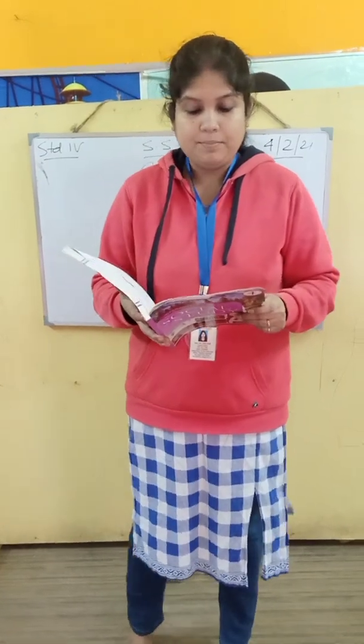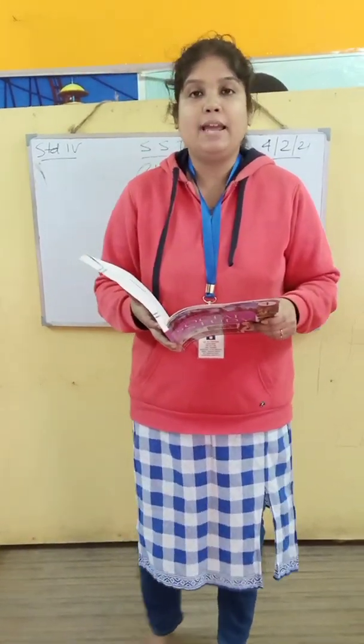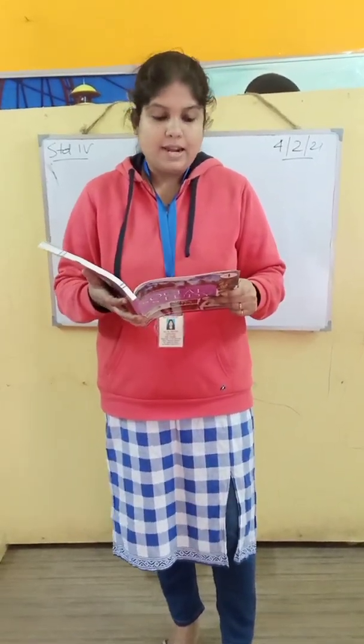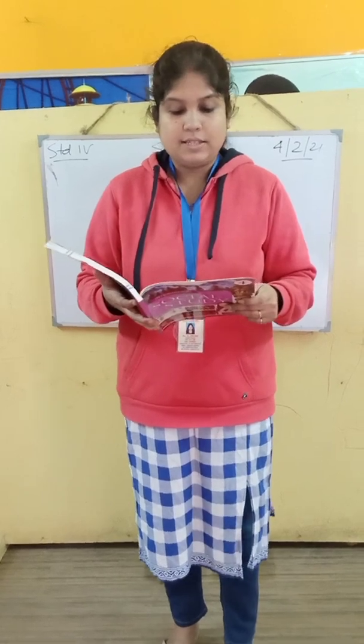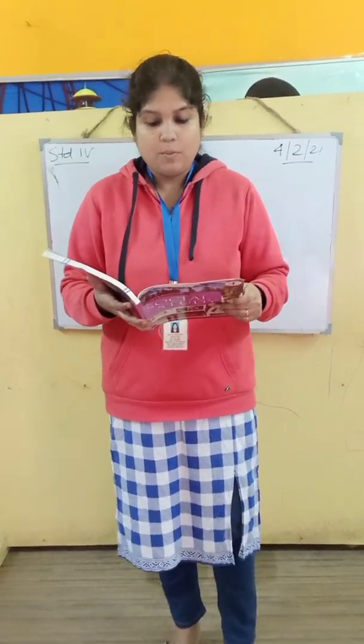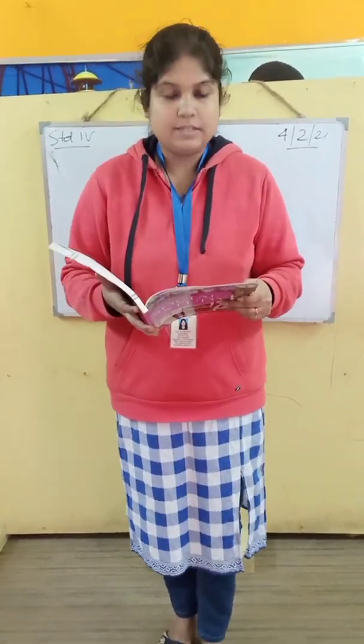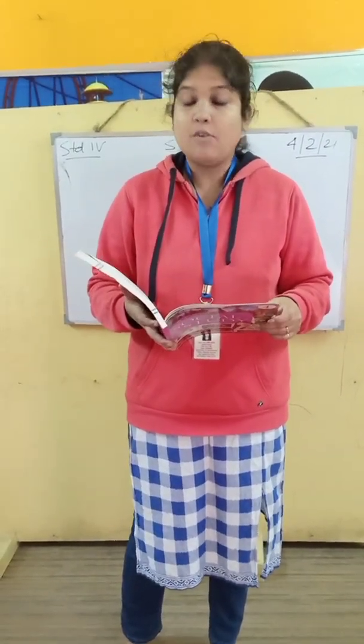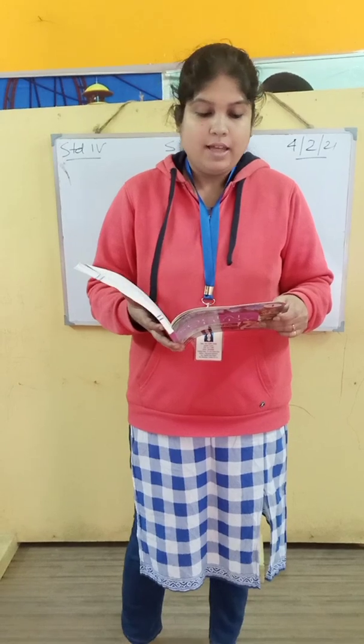Number 5, the coastal plains. The plains lying near the coastal areas are called coastal plains. And number 6, the islands, which are the Andaman and Nicobar and the Lakshadweep Islands. These are also one category of natural region of our country.